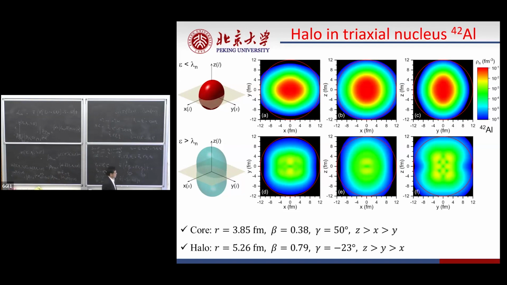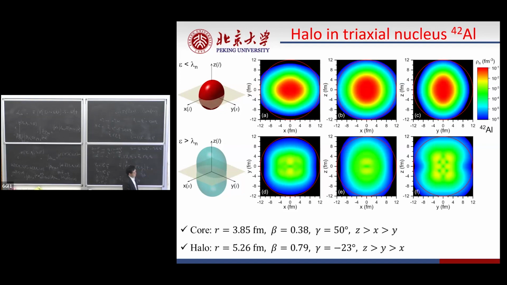And these are the parameters for the core. You see, the radius for the core is about 3.8 Fermi. For the halo, it is about 5.26 Fermi. And the quadrupole deformation is 3.38, which is so to say well deformed.